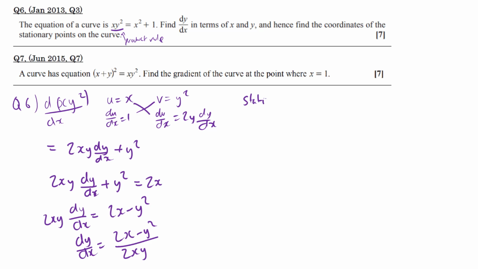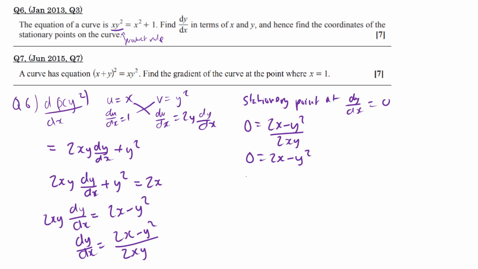Stationary point at dy dx equals 0. So 0 equals 2x minus y squared over 2xy, so 0 equals 2x minus y squared. I'm going to write y squared equals 2x.